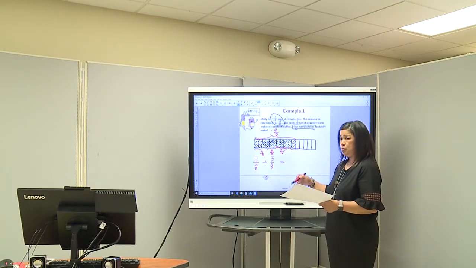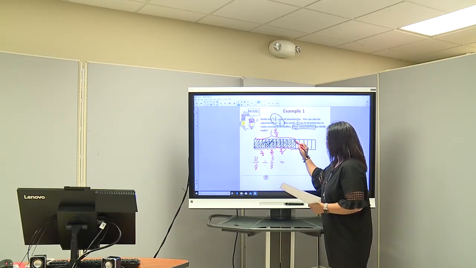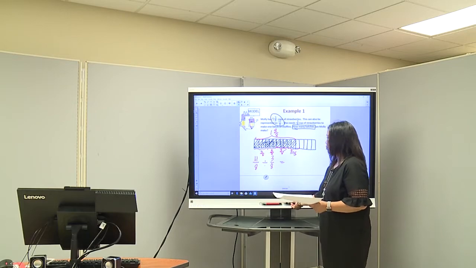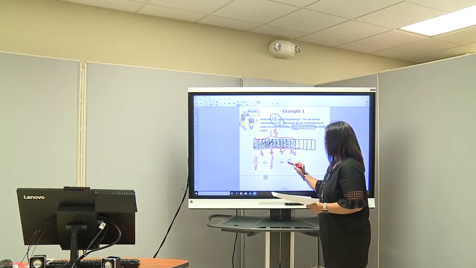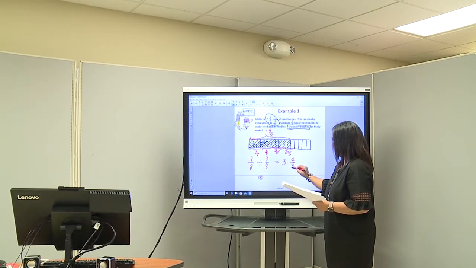So what happens to this? We learned this in the previous lesson. So we have, on the end, 2 out of 3. Okay, so what does that mean? How many 3/8 do you see? 1, 2, 3, and a part, which is 2/3.